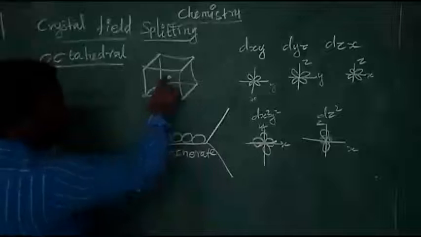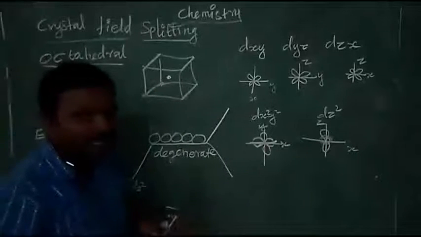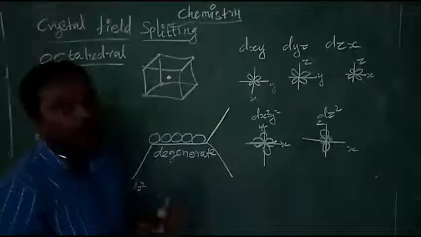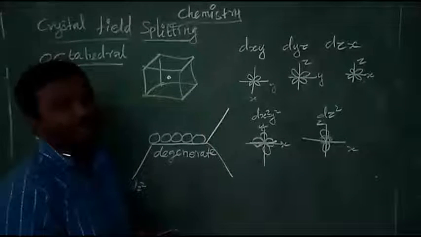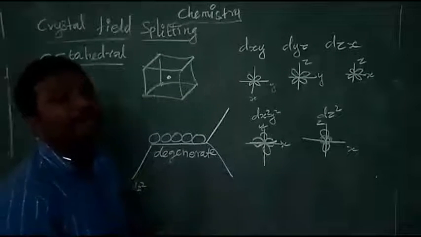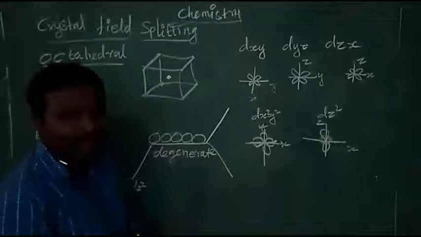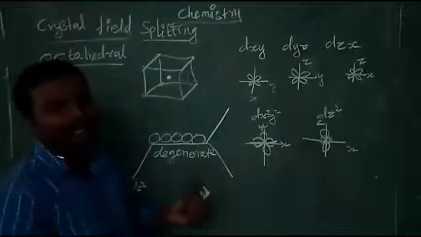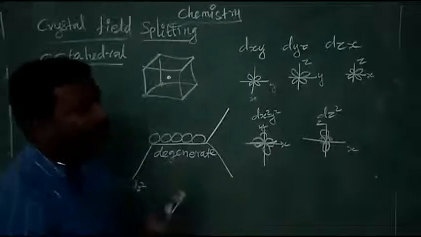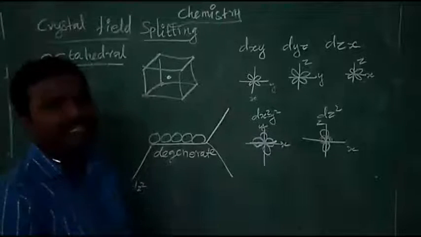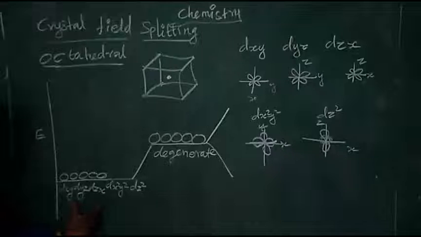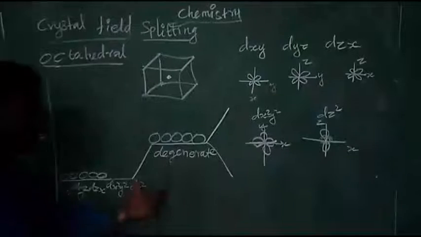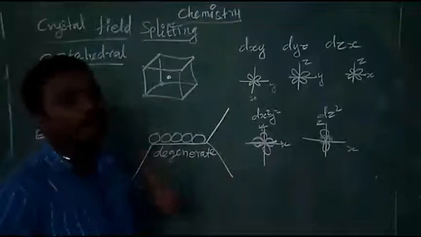That metal atom already has certain electrons in its orbitals. Ligands also approach with excess electrons, so there will be repulsion. Due to the repulsion, the energy of the orbitals increases. The ground state metal orbital energies increase, and that is how they become degenerated orbitals.